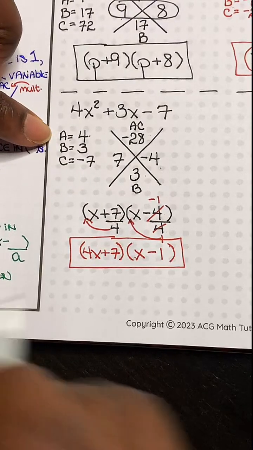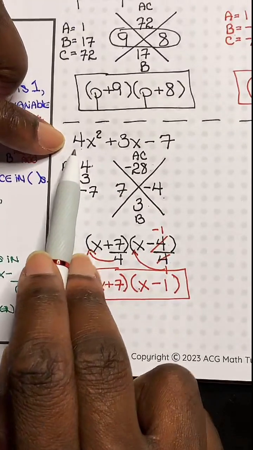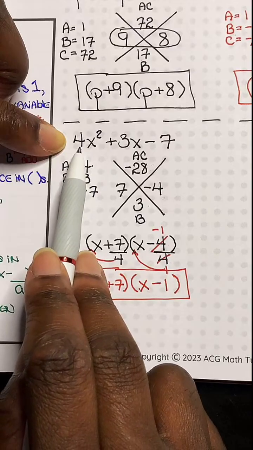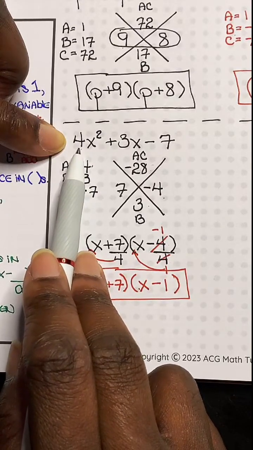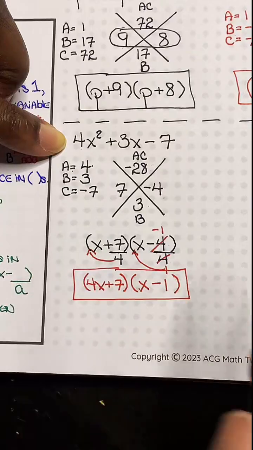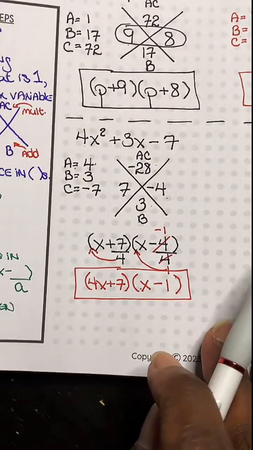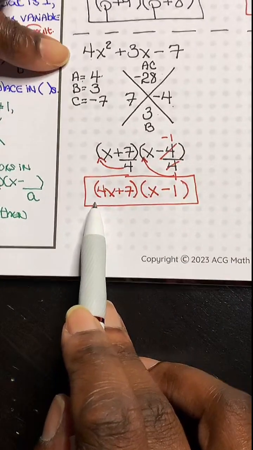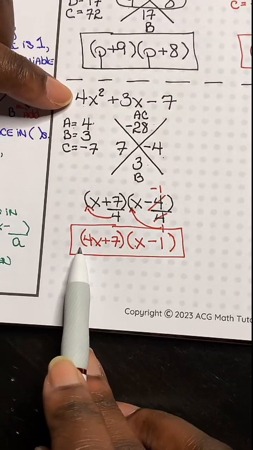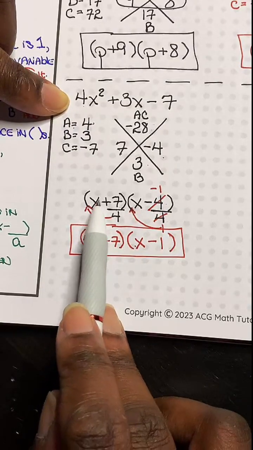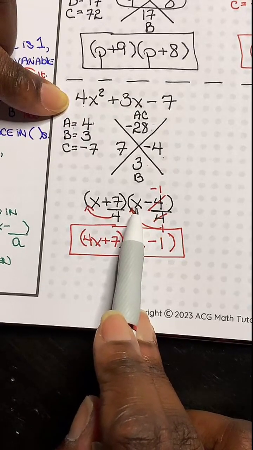Why divide by 4? Because my A has to be considered when you're reducing. I forgot who said that. Walker. Okay? So the 4 has to be calculated because if I tried to do the distributive property to get back to this original answer, if I just keep it as x times x, that'll give me x squared.